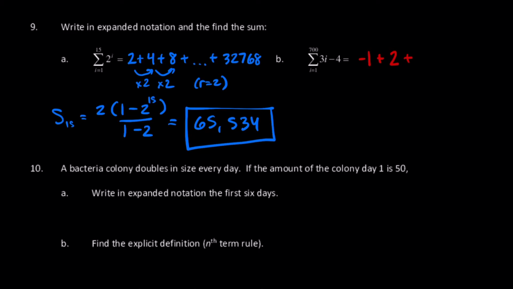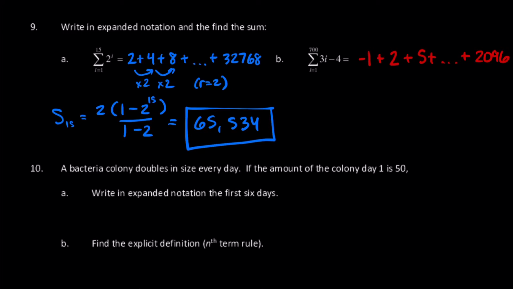Then I plug in a 3. 3 times 3 is 9, 9 minus 4 is 5, that's good enough. Now I plug in the last one, wow, 700. So 3 times 700, all right, it's 2100 minus 4, that's going to be 2096.